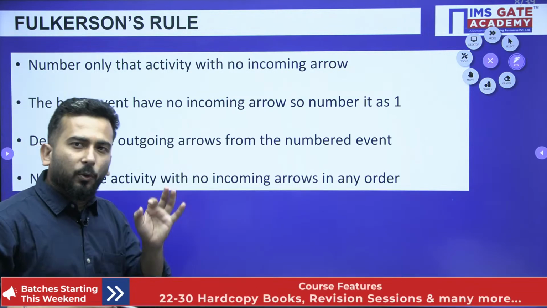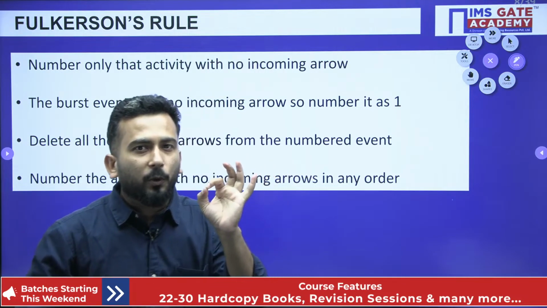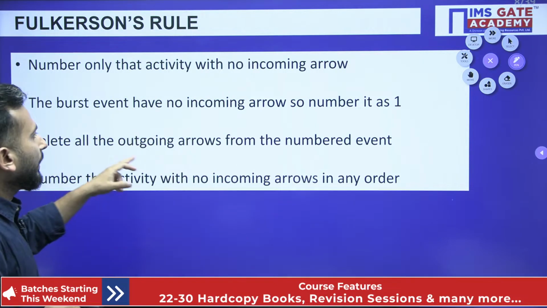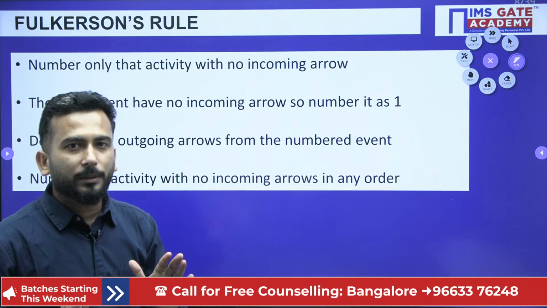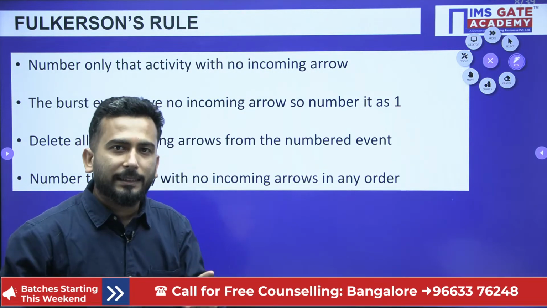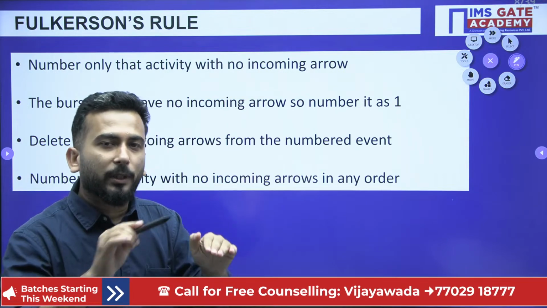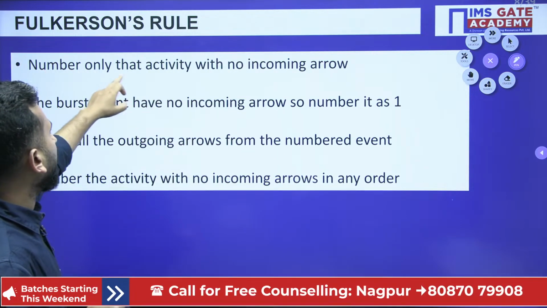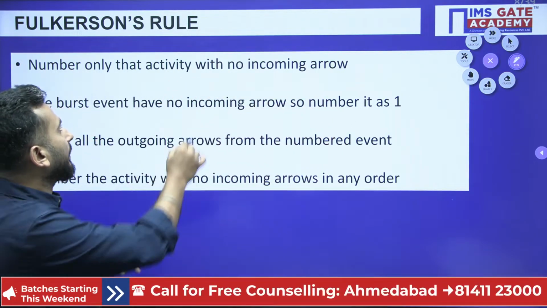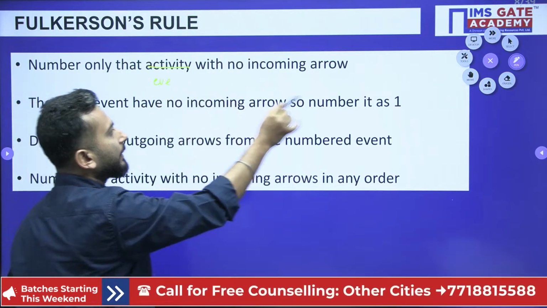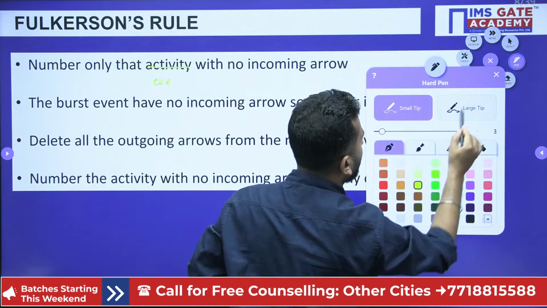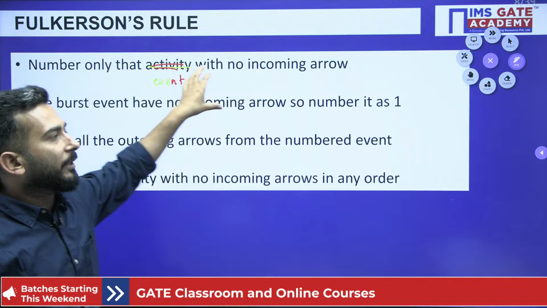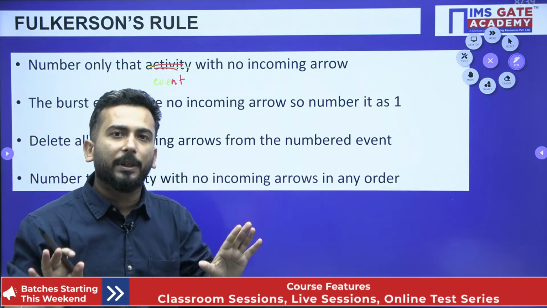My dear friends, the only basic thing is that you can only number an event which has no incoming arrows. We are here to number the nodes, and you can only number that event which has no incoming arrows, as simple as that.